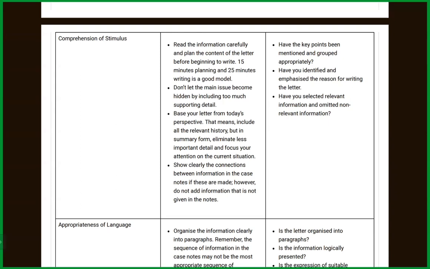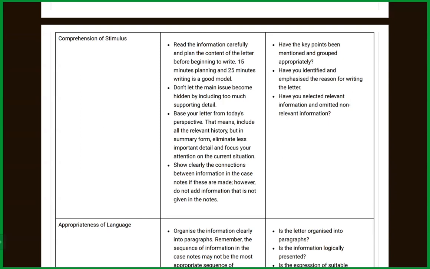Only the past history that is relevant or supporting to the presenting history we can select. Don't include irrelevant details. How to select the relevant data and eliminate the irrelevant data we can see in the further classes.